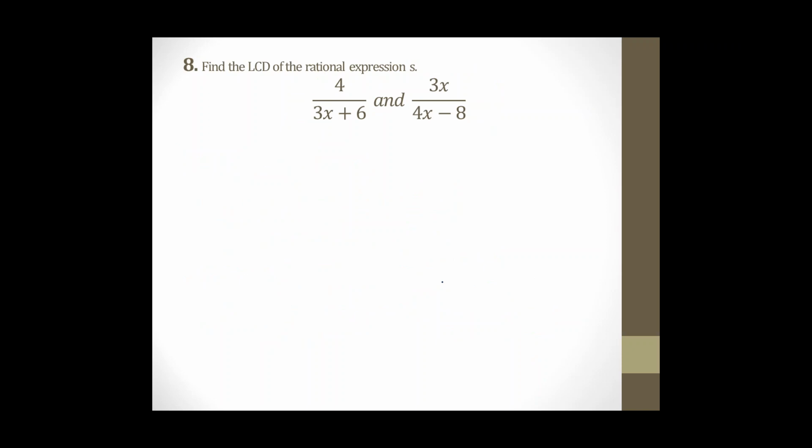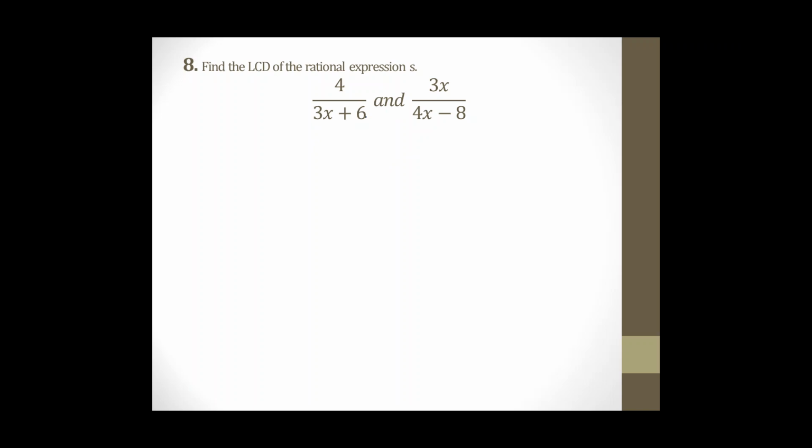So find the LCD of the rational expressions. So it gives you 2 rational expressions, and all they want us to do is to determine what the LCD, or least common denominator, would be. So in order to find that out, we want to make sure we know the denominator's factored form so we can very clearly identify all the factors that need to be a part of our least common denominator.